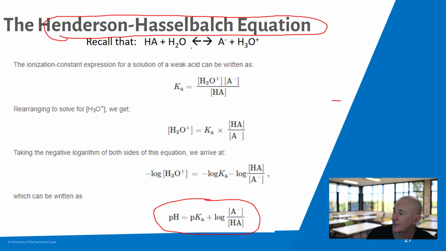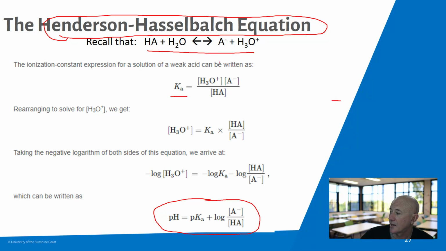If you remember the general format for a weak acid and its dissociation in water, it's something like this. And of course, there's a dissociation constant that can be written for that particular equilibrium. It's products over reactants.